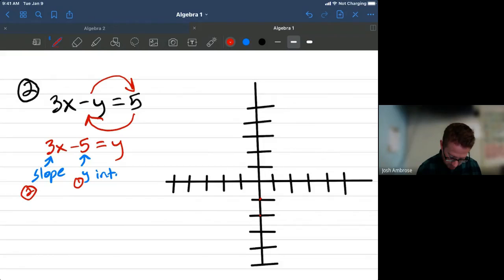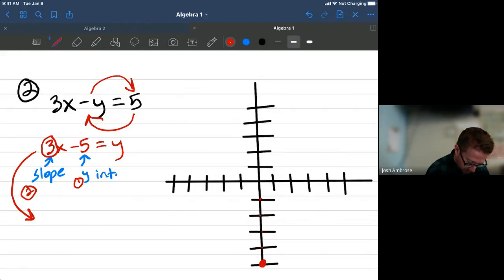1, 2, 3, 4. Here's 5 right here. Now from that dot, meaning now I'm at -5, from that dot, we now have this slope right here. So really, the slope is 3/1 because you have a rise and you have to represent a run also.